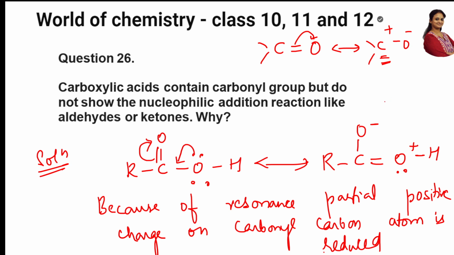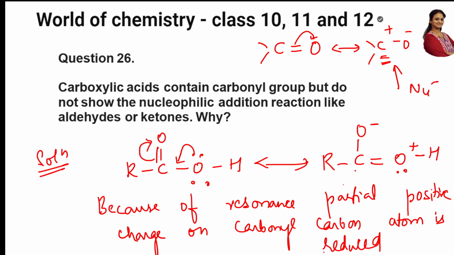Correct? But compared to this and this, which one will go faster, students? Carboxylic acids do not show nucleophilic addition reactions because there is no requirement in this. Here, there is requirement because it is already negative.